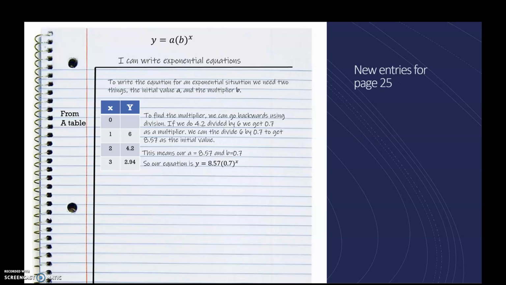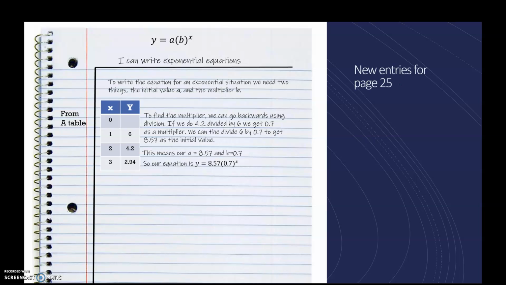And a lot of times it's going to be 0.5, so you can easily see it. But this one you can't see. So how do we figure out the multiplier? Well, what we do is we divide backwards. We're going to go 4.2 divided by 6. Because remember, division is the opposite of multiplication, so we're going to go the opposite direction. So 4.2 divided by 6 is 0.7. So that's what we were multiplying going down is 0.7.